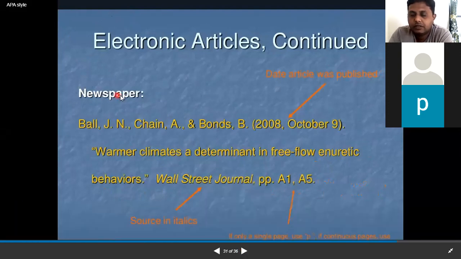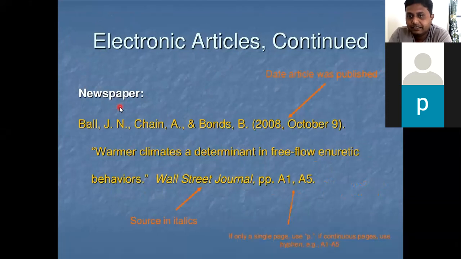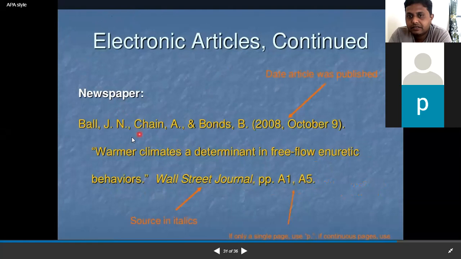Some newspapers are also available on the internet. In that case, see the name of the author, same, no change. See, inverted commas are used. Suppose I am using some news from Lokmat or Sakal that is available as an electronic source, that is an e-newspaper.